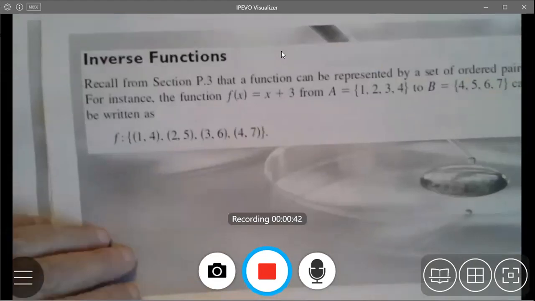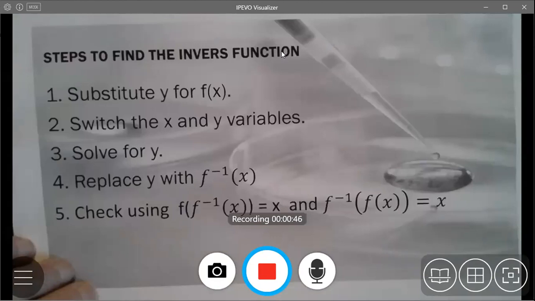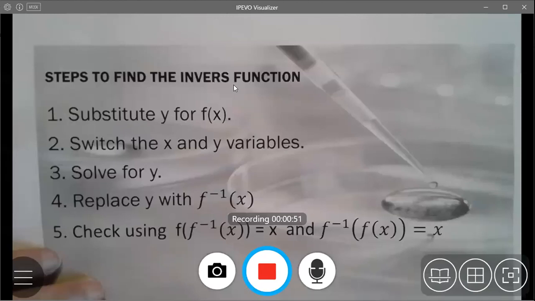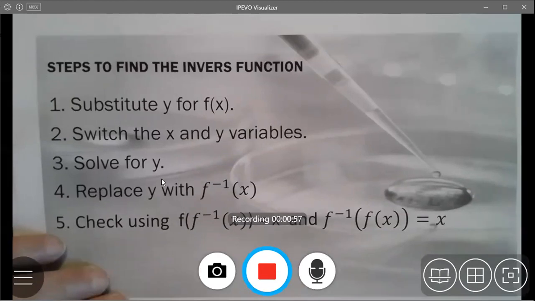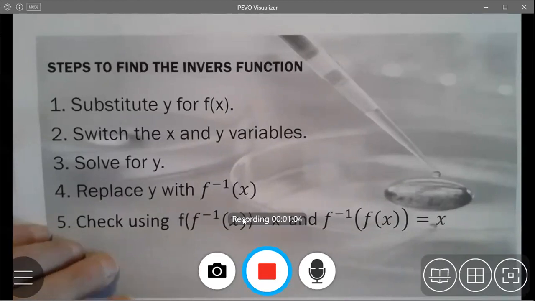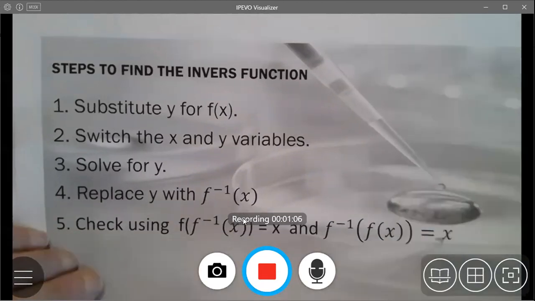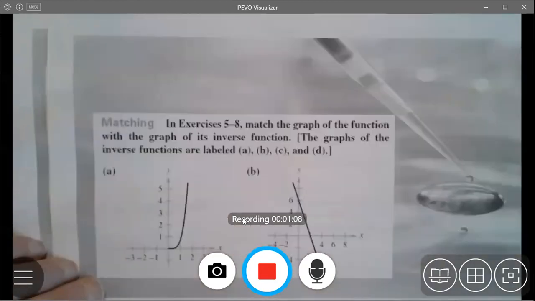So that's nothing new. We talked about the steps to find the inverse function: substitute in y for f of x, switch x and y, solve for y, replace y with f inverse, and then check by applying the composite functions, and you should just get x.